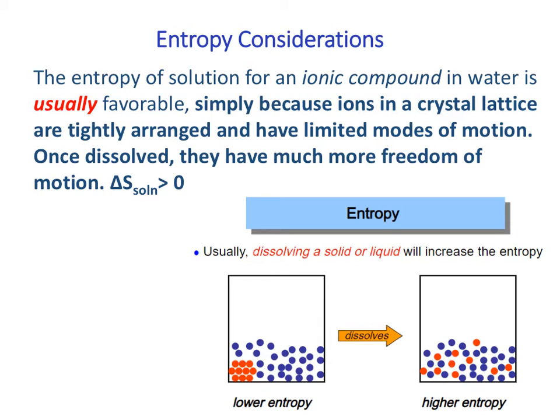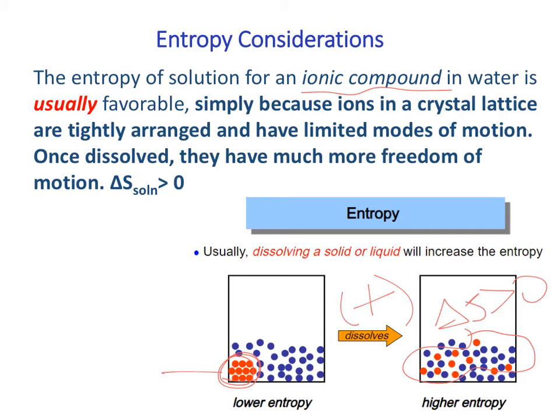So in general, when an ionic compound dissolves, the entropy of that dissolving process is almost always positive, okay? For example, ionic compounds in the solid form have very restricted motion. When they dissolve, they have much more freedom of motion, so delta S is almost always greater than 0.